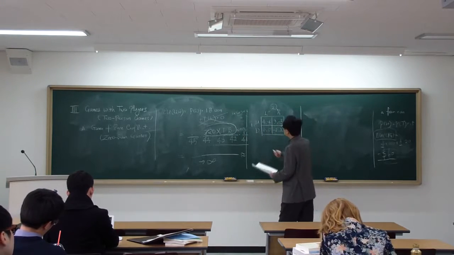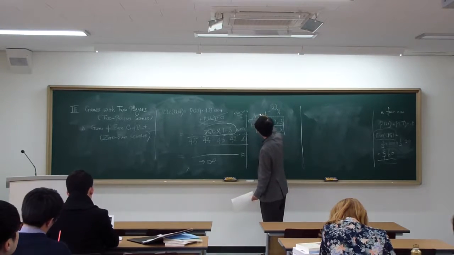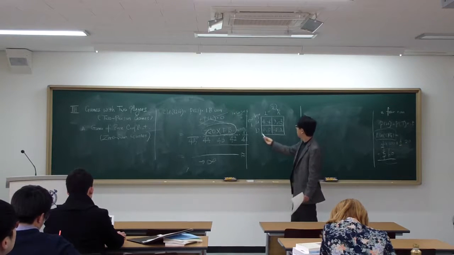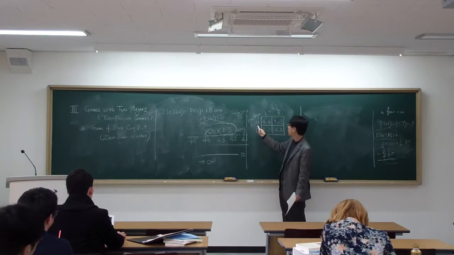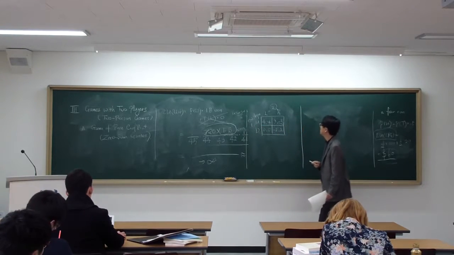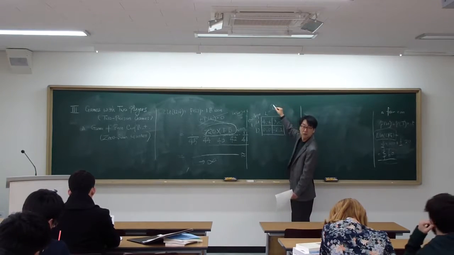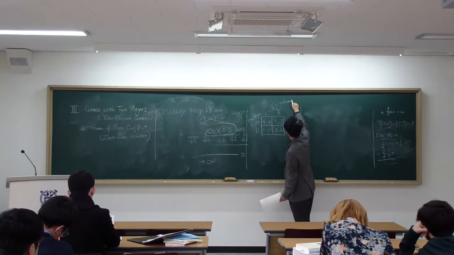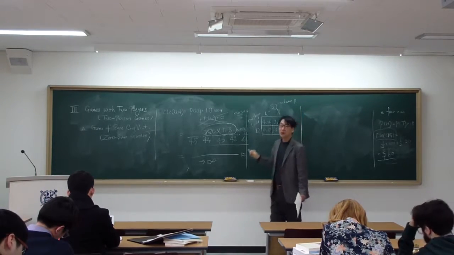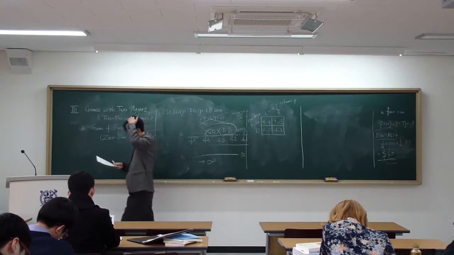And player 1 is often called the row player, because player 1 chooses between the 2 rows, going up or going down. And player 2 is often called the column player because she chooses between the two columns.